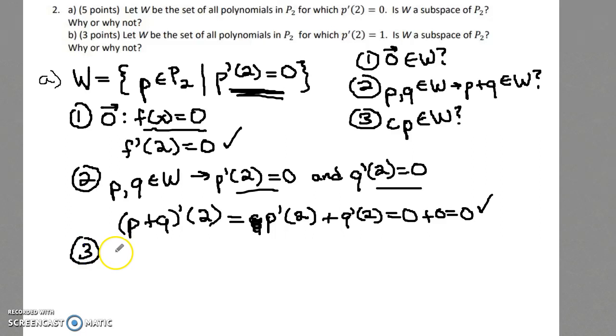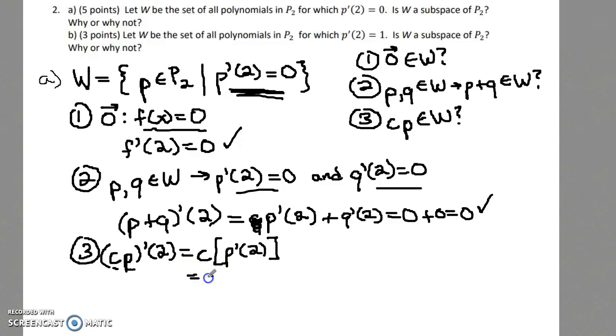Thirdly, scalar multiplication. So if we let C be any number times some polynomial from W, P, and we check, is the derivative at 2 equal to 0? Well, again, thanks to a property of derivatives, when you take the derivative of a scalar times a function, we can just move that scalar outside and take the derivative of the function on its own.